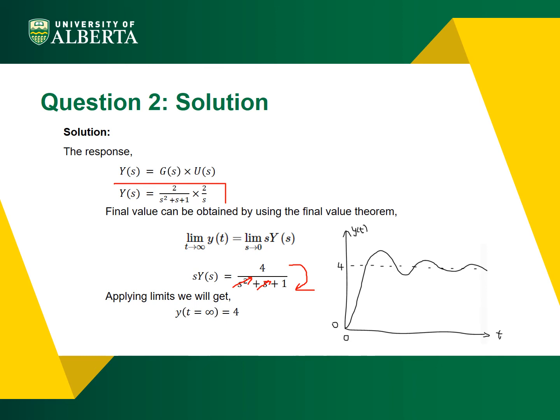So the final steady state value would be 4, and the initial value is 0. And we know that this was an underdamped system. So if you sketch it, we have 4 as the final value, and then we just draw an underdamped response in such a way that it goes to 4. This is the solution for question 2.